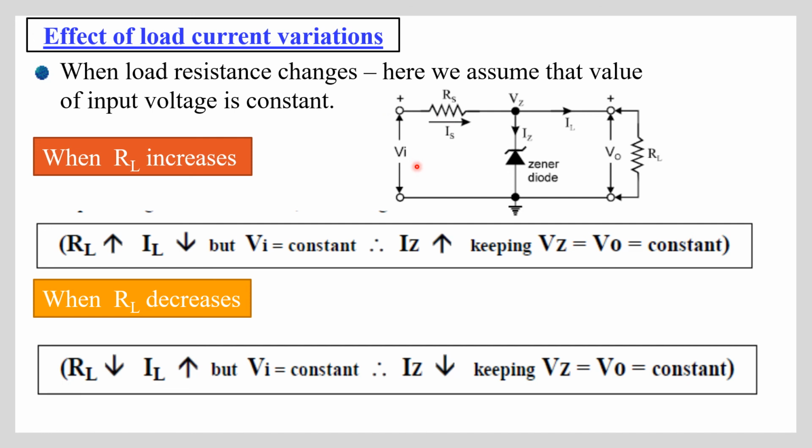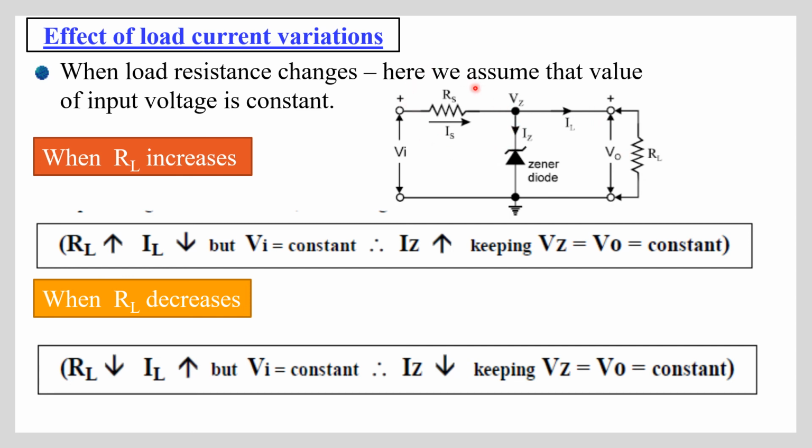So when RL increases, when the load resistance increases, the load current decreases. Now see, IL decreases, so Iz increases, such that Is is kept constant. The same voltage will appear at the output.